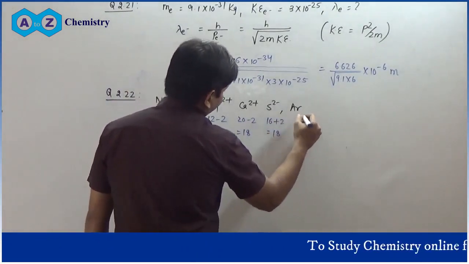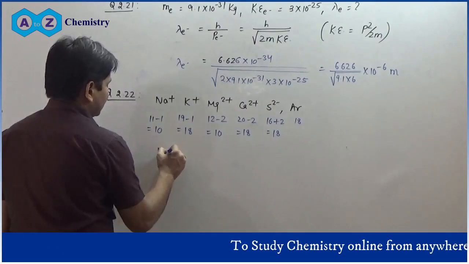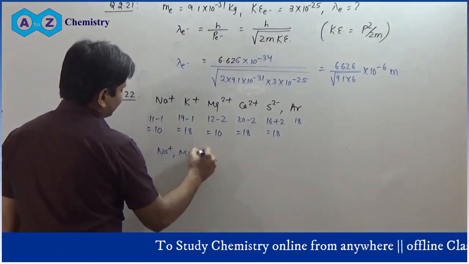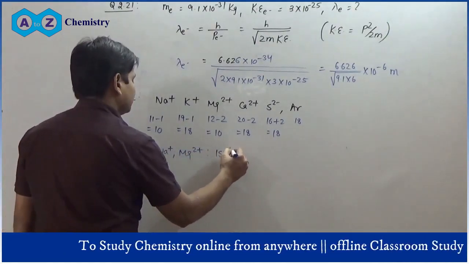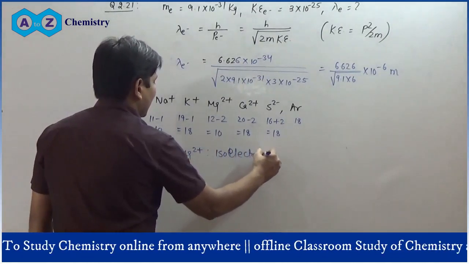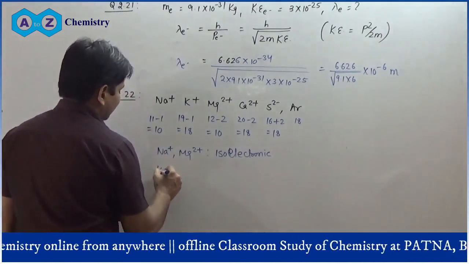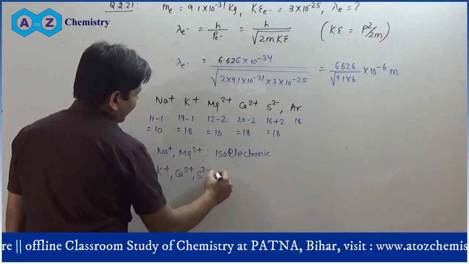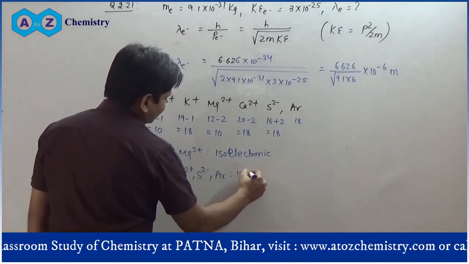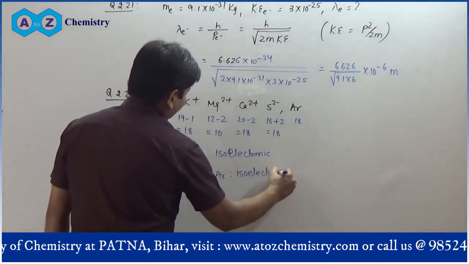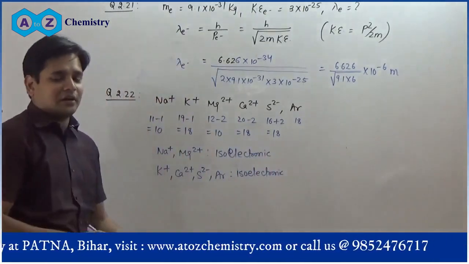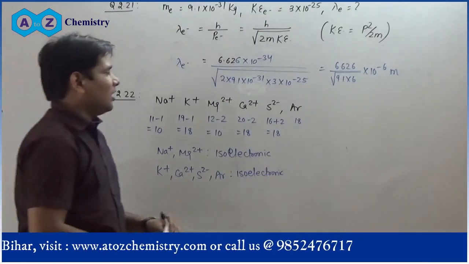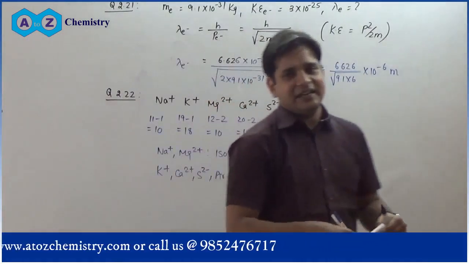And argon has 18. So sodium plus and magnesium 2 plus are isoelectronic. Potassium plus, calcium 2 plus, sulfide and argon are isoelectronic, having the same number of electrons. Very easy question; we simply have to count the number of electrons present in any ion or atom.